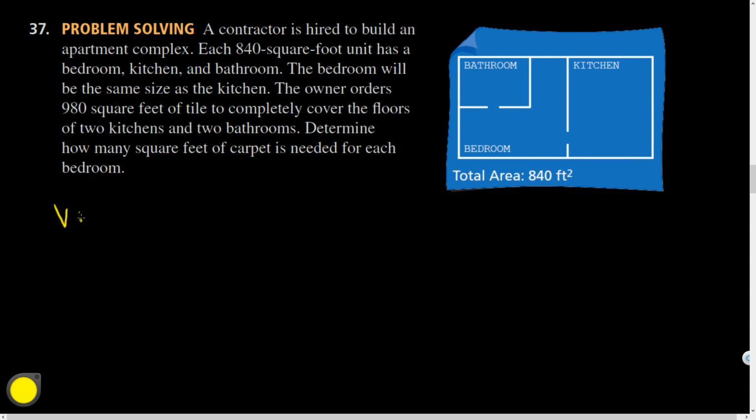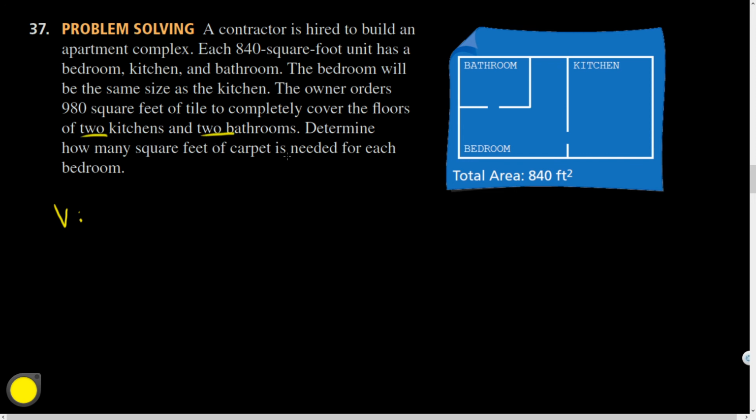Wow. Okay. Now, this might be one of those problems where the question doesn't give me my variables. Now, I've got a whole bunch of square footage. Let's see. It looks like they're building 2 units.